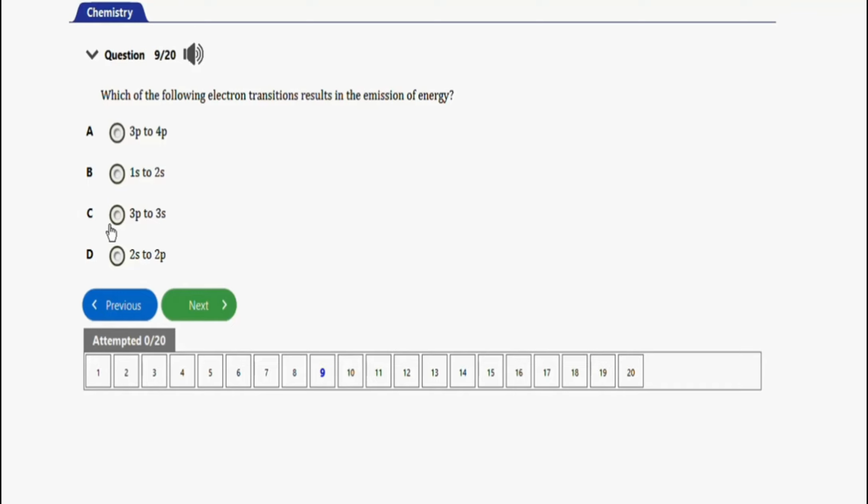So the right option here would be option C, which is 3p to 3s. You're going from the higher orbital to the lower orbital, from 3p to 3s. Okay, so that's it for this question. Emission of energy occurs when there is a transition from a higher orbital to a lower orbital, which is option C here.